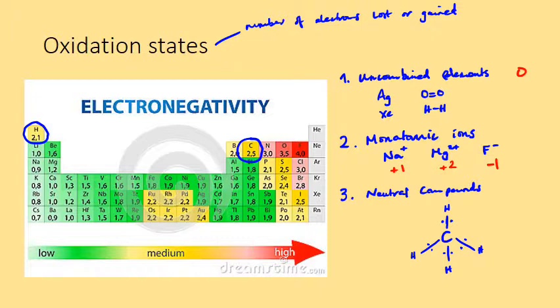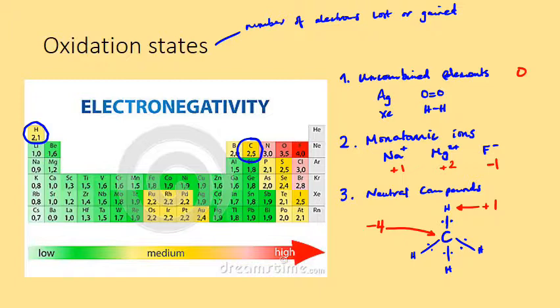So what we do is we say that carbon has taken those electrons in the covalent bonds, and so the oxidation number of the carbon is said to be -4. And because hydrogen has the lowest electronegativity out of hydrogen and carbon, it's assumed to have given up its electron to carbon, and so its oxidation state is given as +1 in this case.